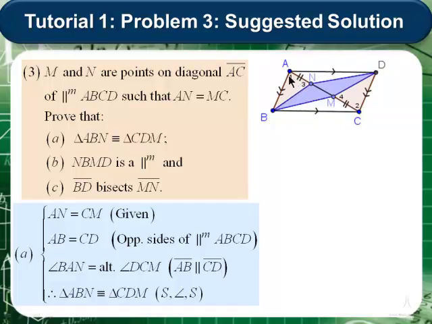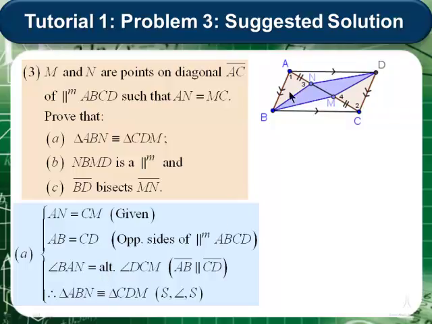Furthermore, we can see that angle 1 is equal to angle 2 because they are alternate angles, and because we know that AB is parallel to CD, and if we take AC as a transversal, then it's obvious that angle 1 is alternately equal to angle 2, or more specifically angle BAN is alternately equal to angle DCM.